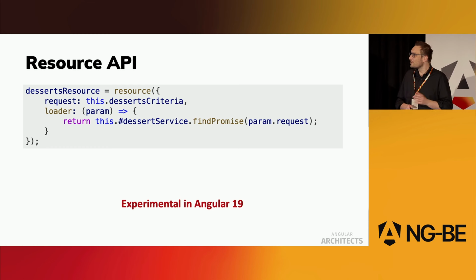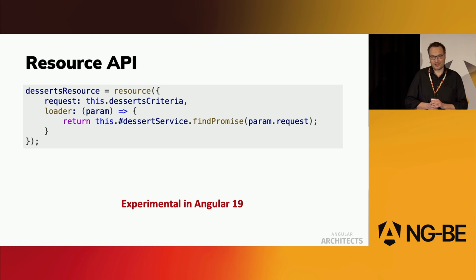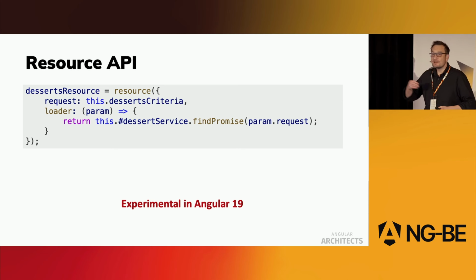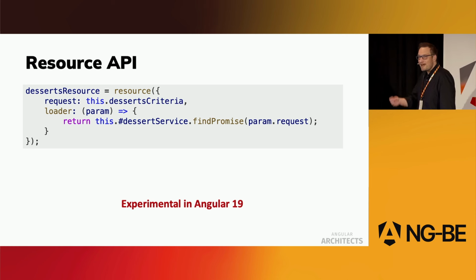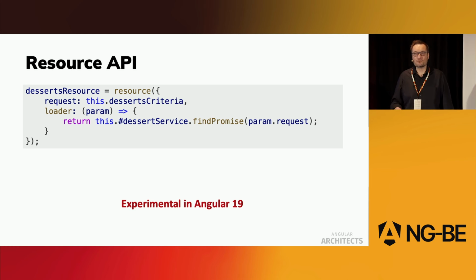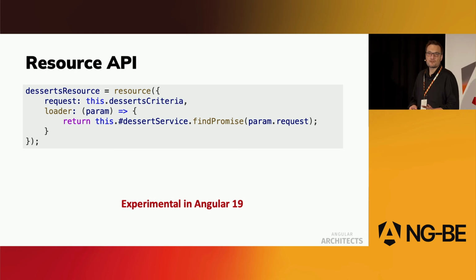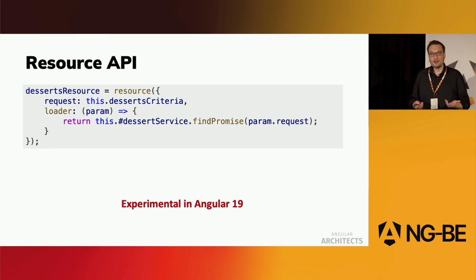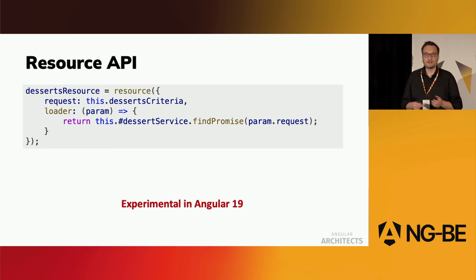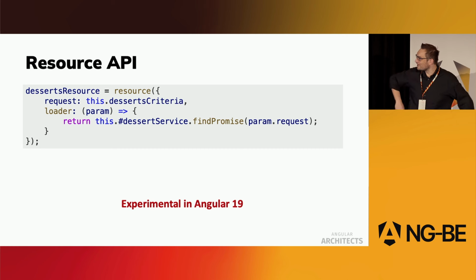The first is the request. The request is just a signal, and every time this signal is changing, the loader is triggered. That means we see at first glance when loading some data is triggered, only when the request is changing. And then the loader is responsible for getting your data. And for this, you see it here, we go down a very simple road.